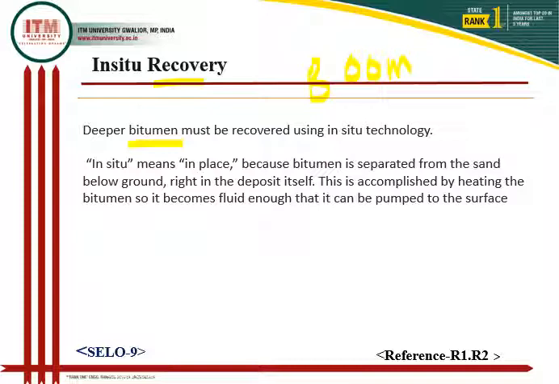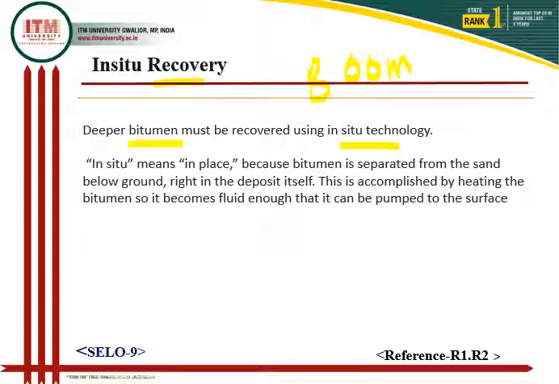The in situ method is for more deeply buried oil sand deposits, that is 800 meters from the earth's surface, and that recovery is done by in situ technology.